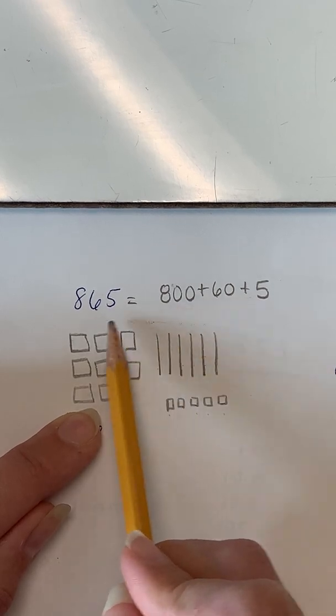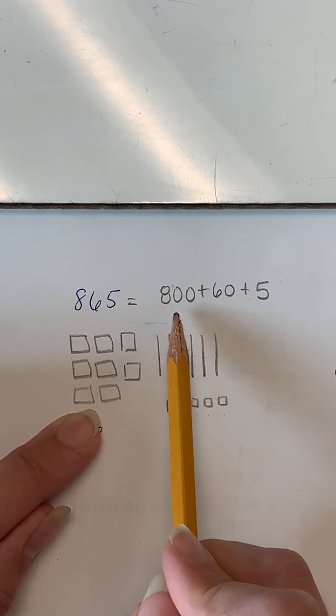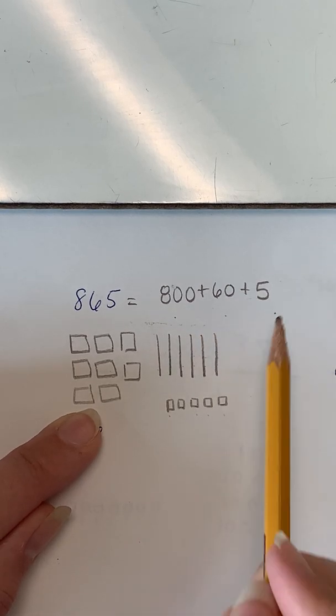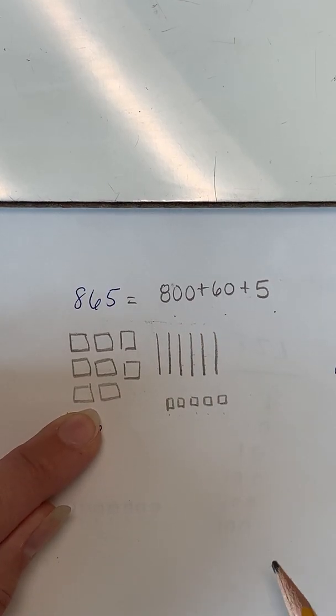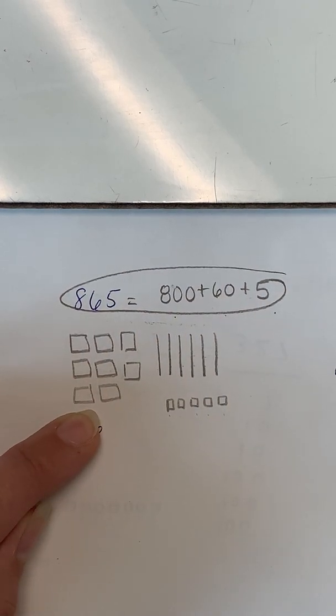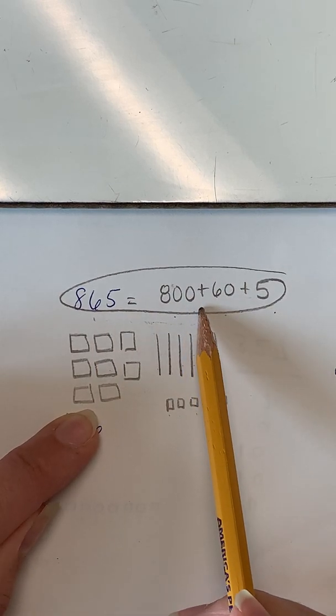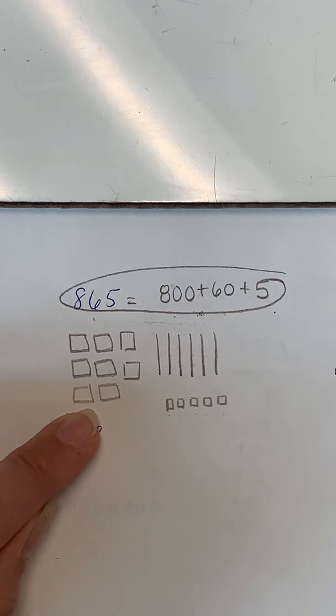When we write in expanded form, we're decomposing that number, telling us how many hundreds, tens, and ones we used. This is expanded form. If the math problem asks you to write a number in expanded form, I should see the addition problem as your final answer.